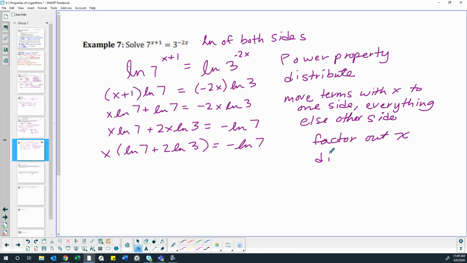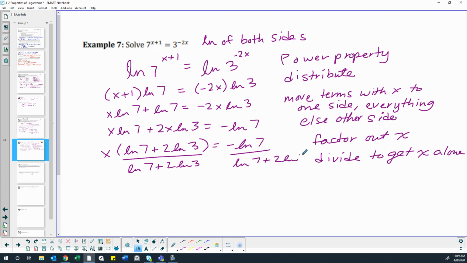And then we're going to divide to get the x by itself. So yes, we're literally going to divide by this entire thing. So x equals negative natural log 7 over natural log 7 plus 2 natural log 3.